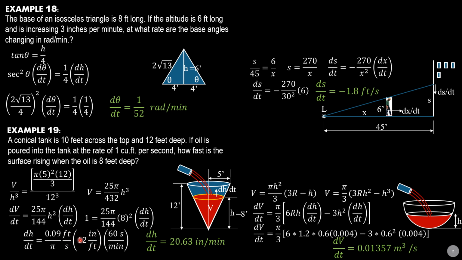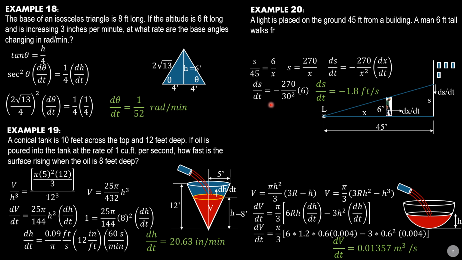So times 12 inches per foot times 60 seconds per minute, cancel foot, cancel second, so that would be inches per minute: 20.63 inches per minute.